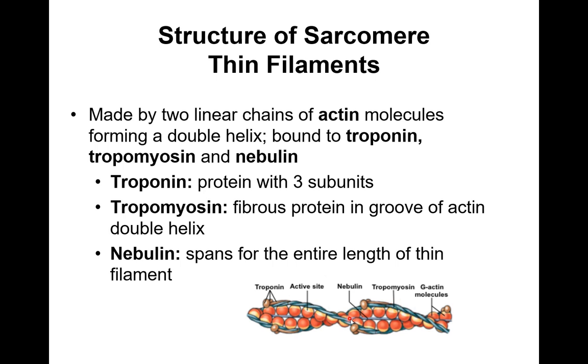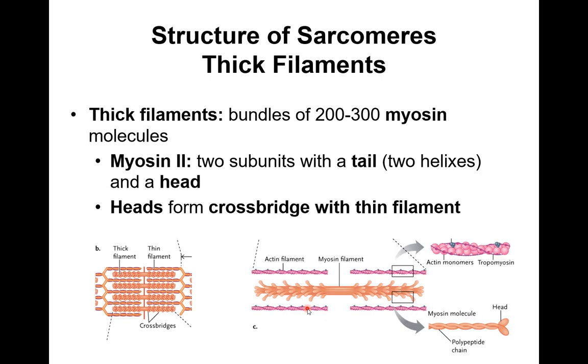The active site in actin is responsible for the binding of myosin heads. So the myosin head will bind to actin through this active site. But at rest, when the muscle is not contracting, tropomyosin covers this active site, and therefore there is no binding between the myosin heads and the active site of actin.